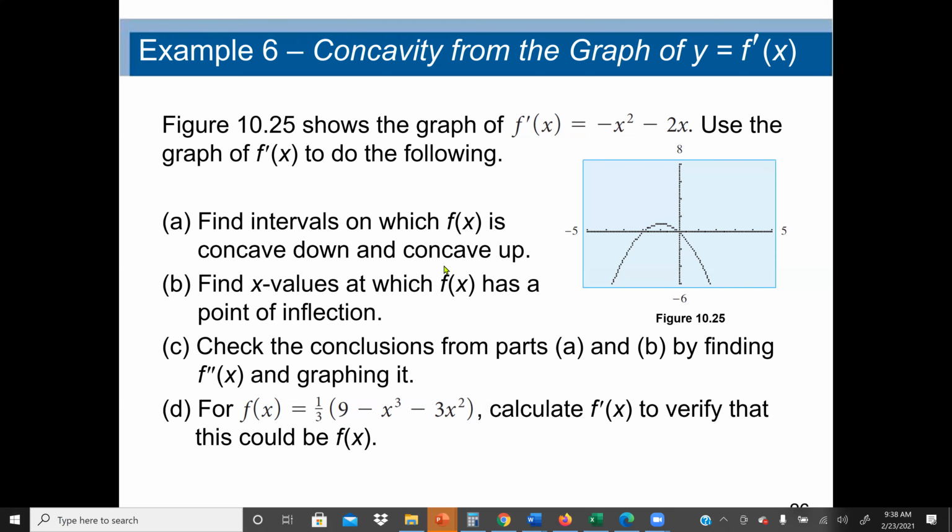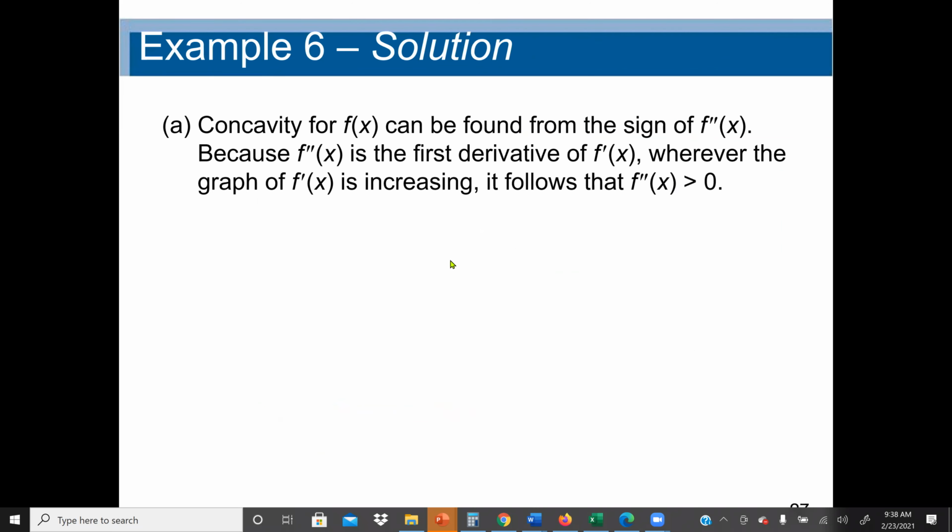So let's start with A. In A, we are going to find the interval where the function is concave down or up. So concavity for f at x can be found from the sign of, as we said, the second derivative. When we get the second derivative, if we have a value greater than 0, or positive, then we say it's concave up.